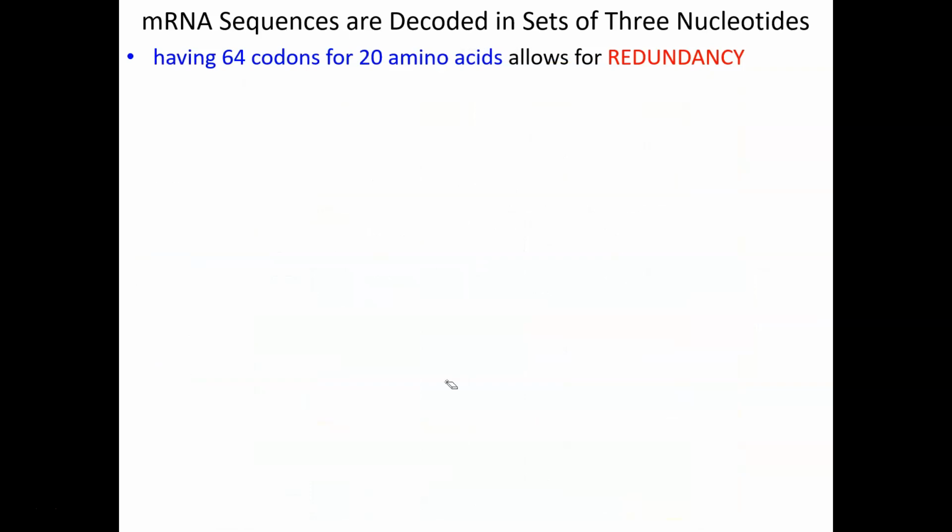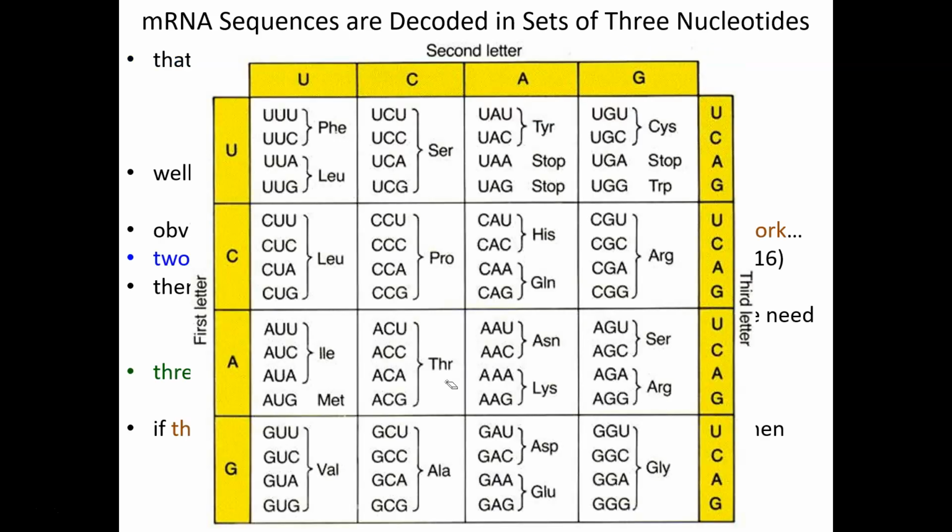Now, what you might have noticed in the previous slide in the genetic code is that because we have that overkill, because we have 64 different possible combinations and only 20 amino acids that we need to encode, we have the opportunity for redundancy. So leucine is encoded by 6 different codons, UUA, UUG, CUU, CUC. All of these codons encode leucine.